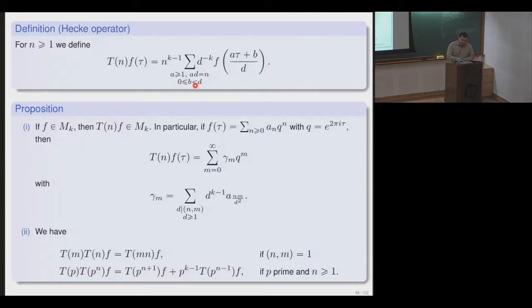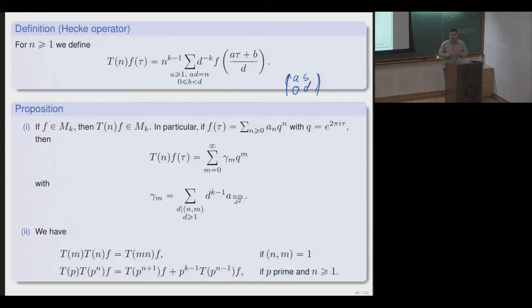So you should think of this as the set of matrices which are triangular, of determinant n, and this b is bounded by d and it's positive.